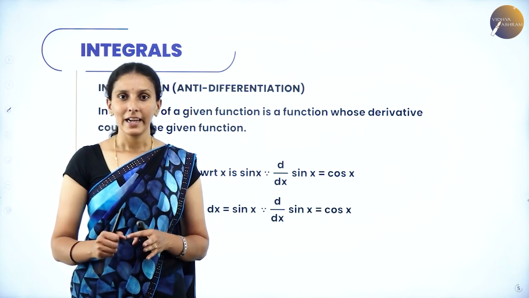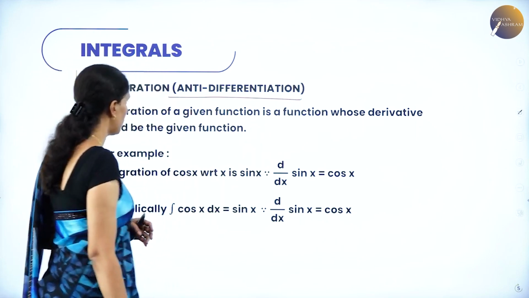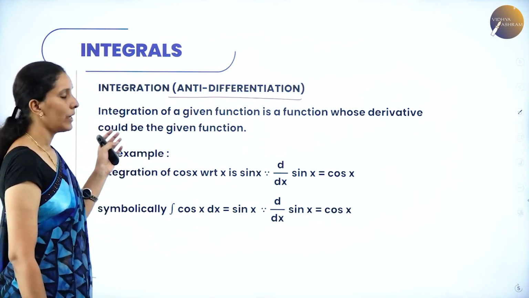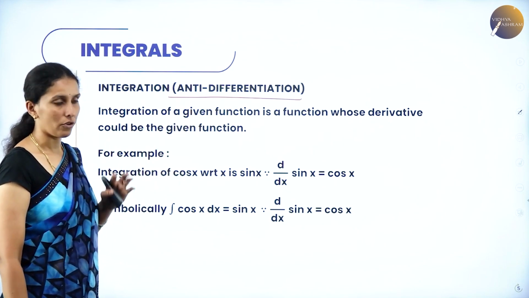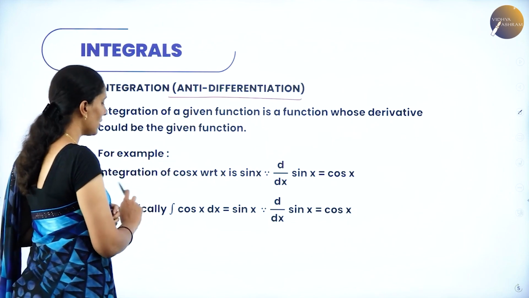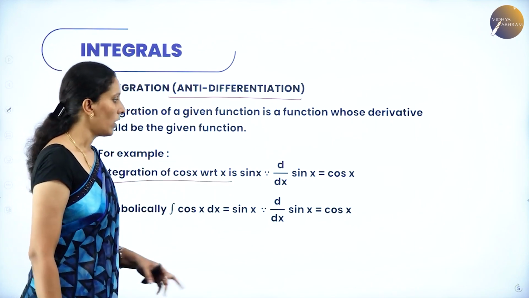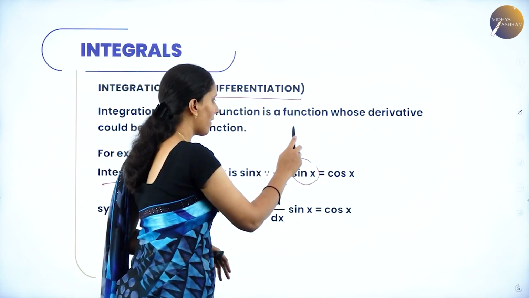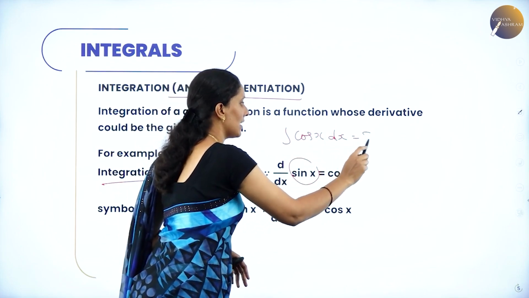Now we will see integration as a process of anti-differentiation. So integration of a given function, whose derivative could be recognized with the help of the given derivative. For example, integration of cos x is sin x with respect to x. How? Because the derivative of sin x is cos x and hence we can write integration of cos x with respect to dx is sin x.